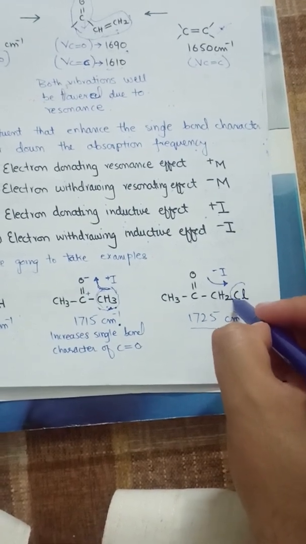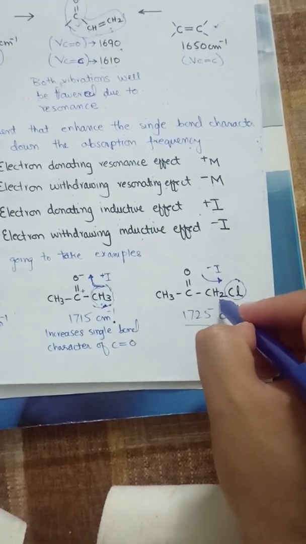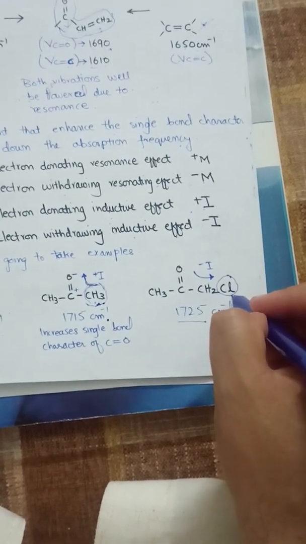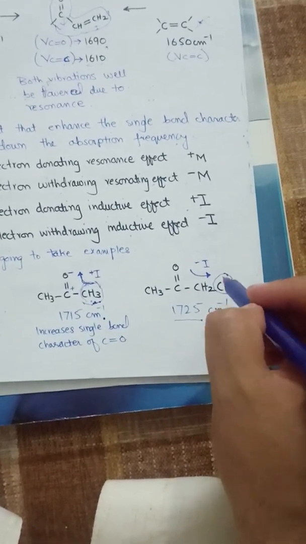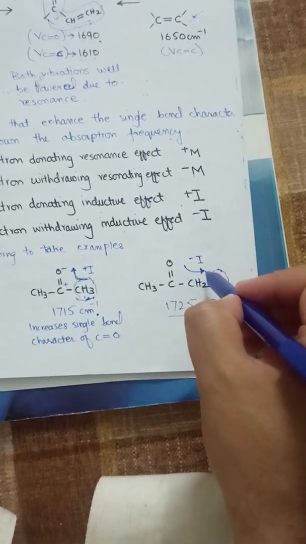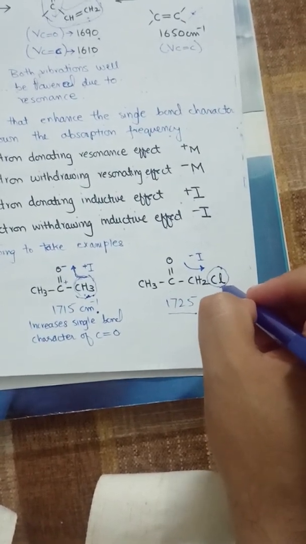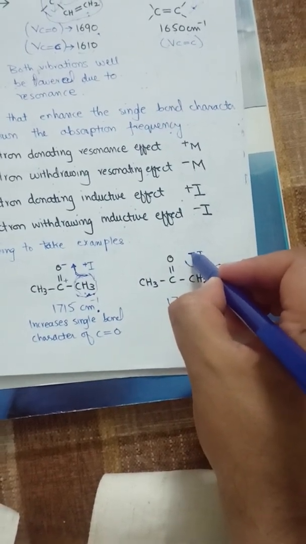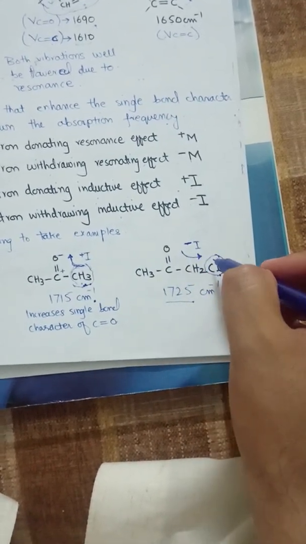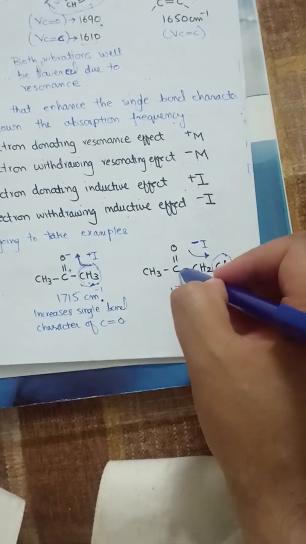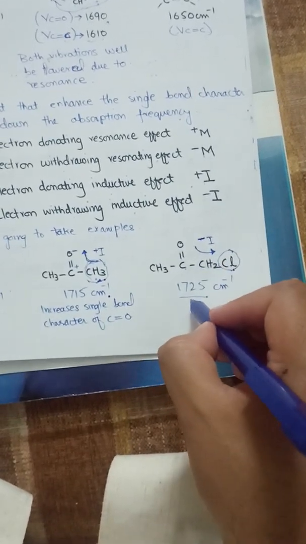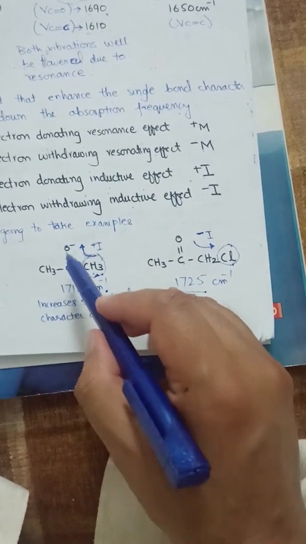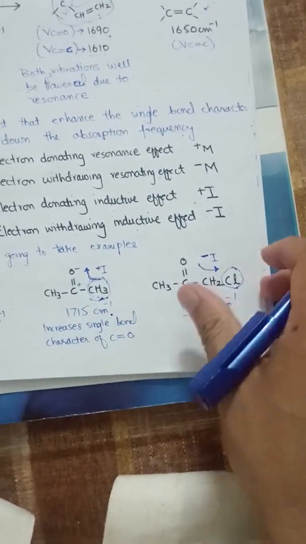Because of this halogen atom attached to this methyl or alkyl group. This chlorine, halogens have more electron withdrawing inductive effect. Due to this negative I, or more electron withdrawing inductive effect, this double bond character is going to increase, and that's why the absorption frequency is going to increase as compared to this C double bond O.